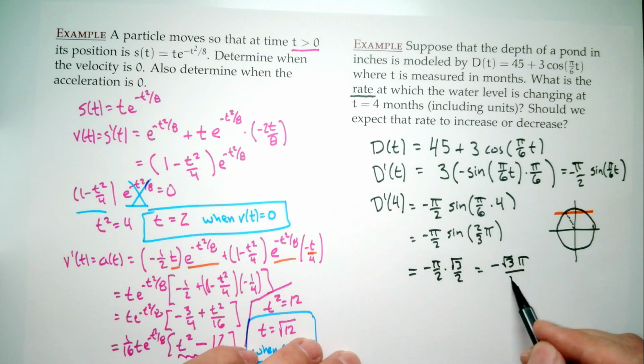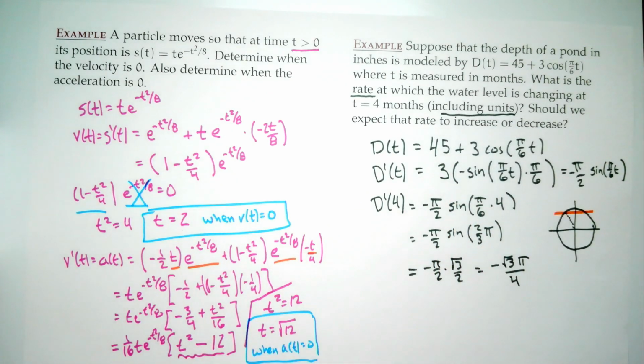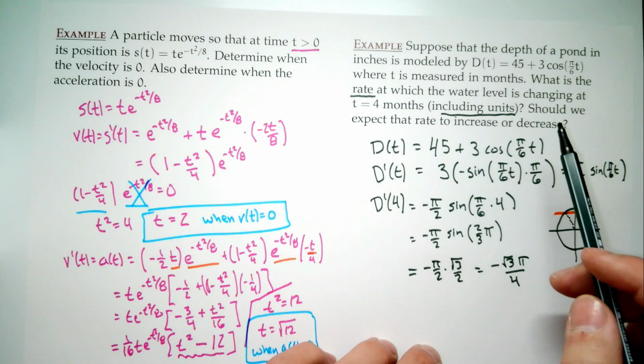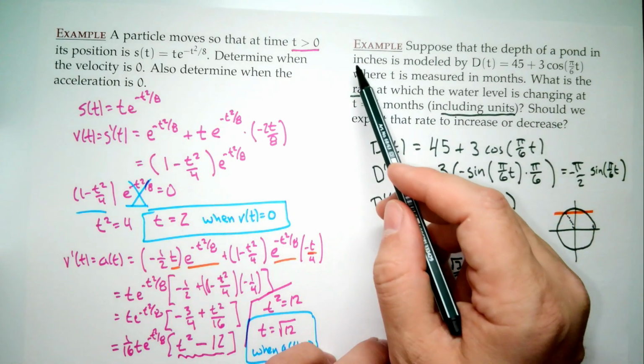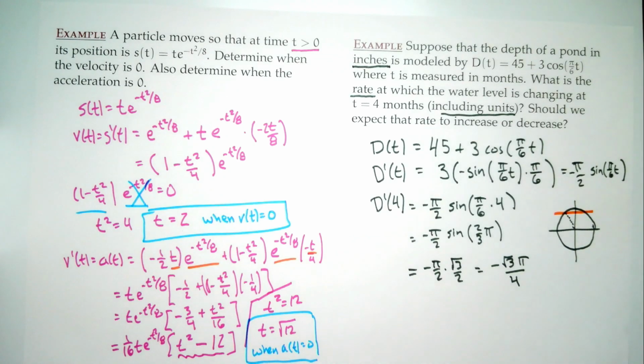which is minus square root of 3 pi over 4. Now, it's said to include units. If you see something that says include units, if you want full points, you should include the units. It's an old trick that you learned. It happens a lot. So how do we figure out our units? Well, you look at d. What is d? Depth in inches. So that says the units of the function is inches.